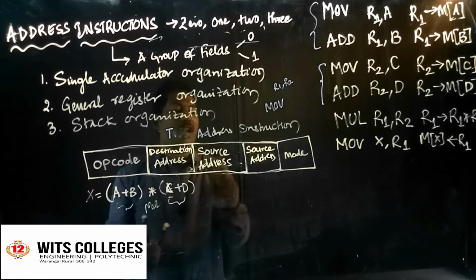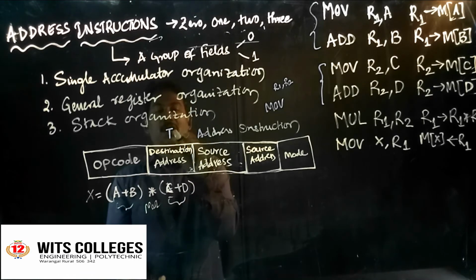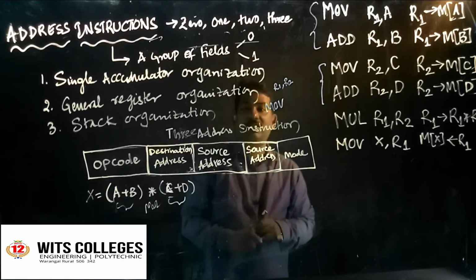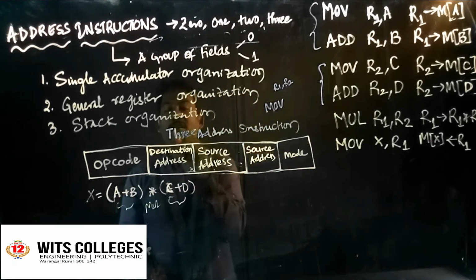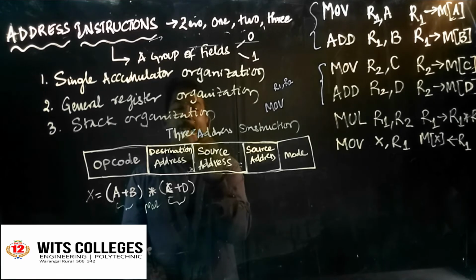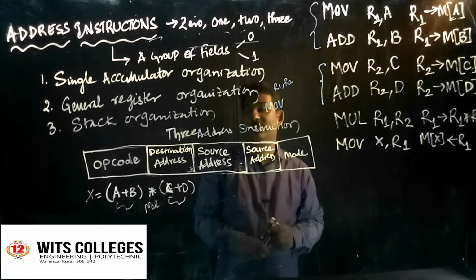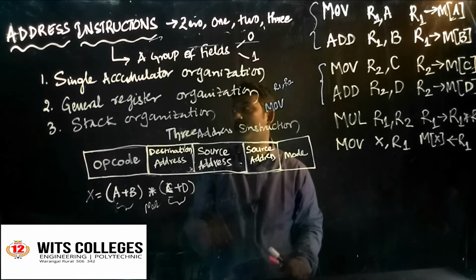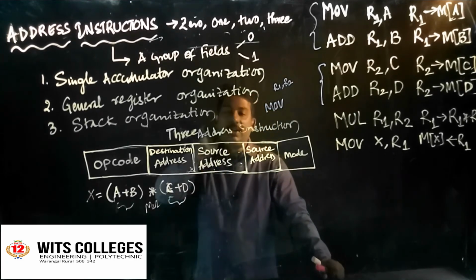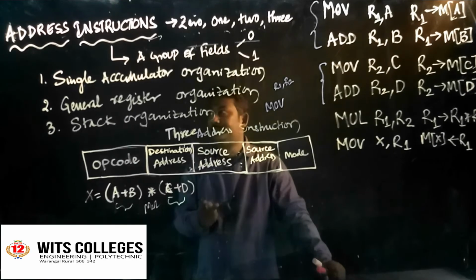We have a destination and two sources, so it is three. It is the three address instruction.